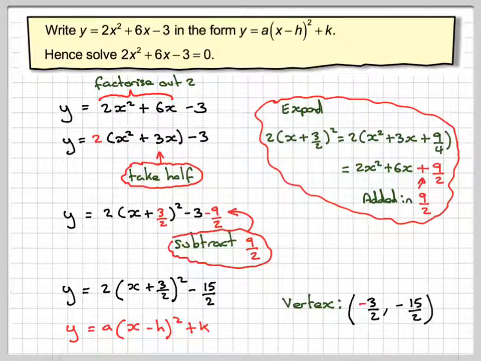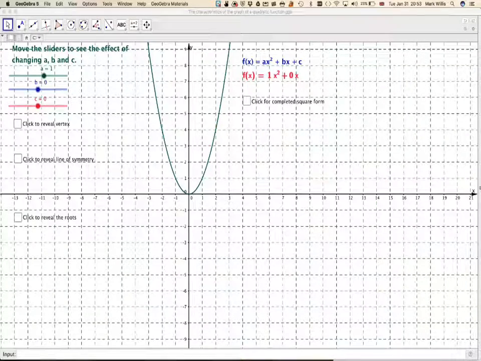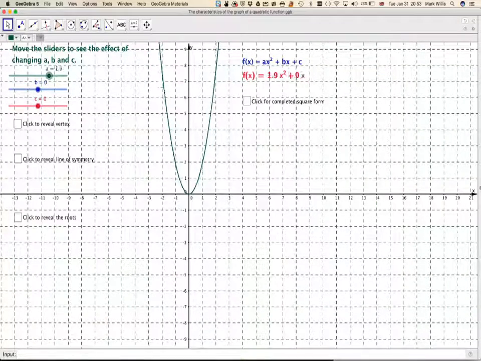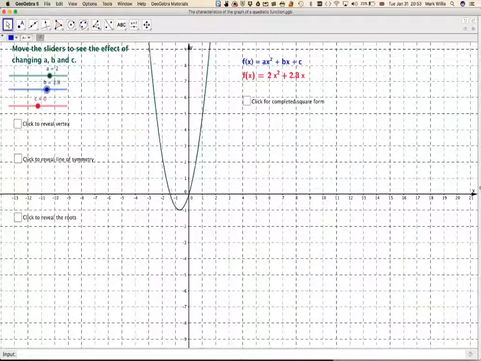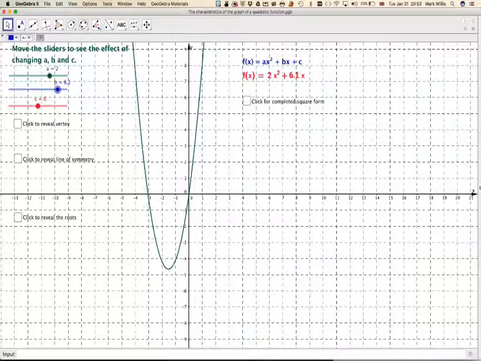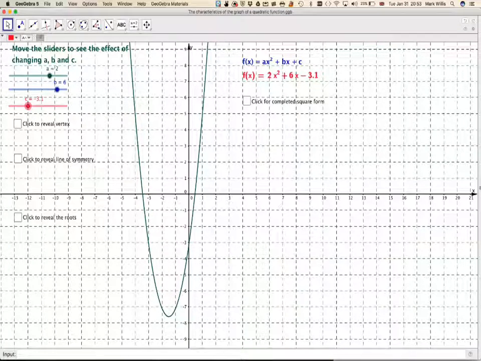So I'm going to my GeoGebra applet and setting a this time to be 2. Notice that has the effect of stretching the graph by a factor of 2 compared with the y-axis. Okay, b is 6, and c is minus 3. If we click here we get the completed square form, and if we click here we'll also get the vertex.